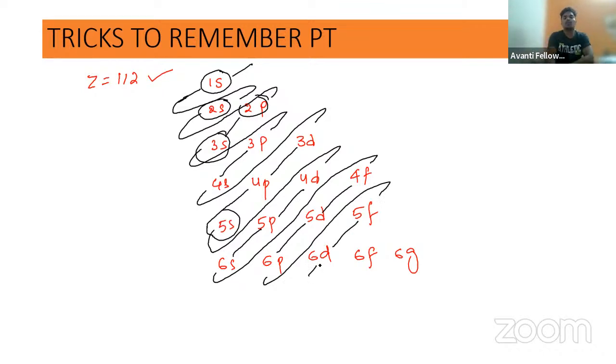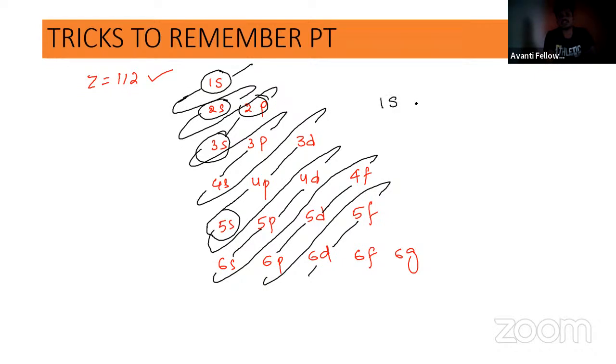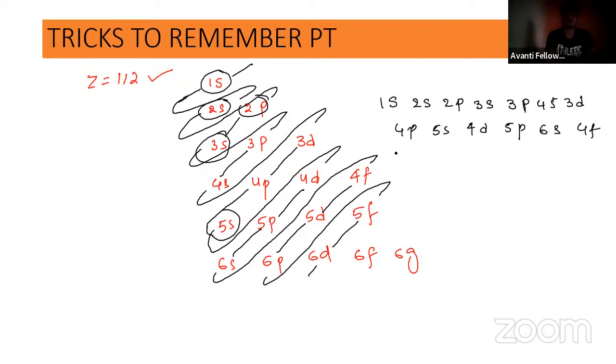Okay. Now, I'm going to write the order here. 1s, 2s, 2p, 3s, 3p. Next one is what? Then 4s. Next, 3d. Then what is there? 4p, 5s, 4d, 5p, 6s, 4f, 5d, 6p, 5f, next one 6d, like that it will be there, 5g.